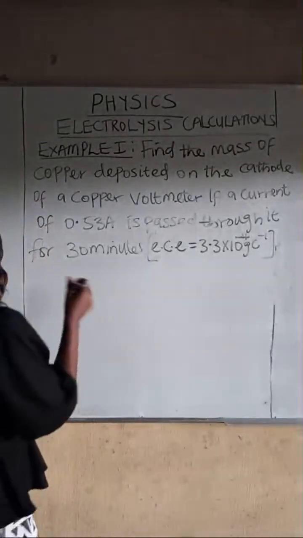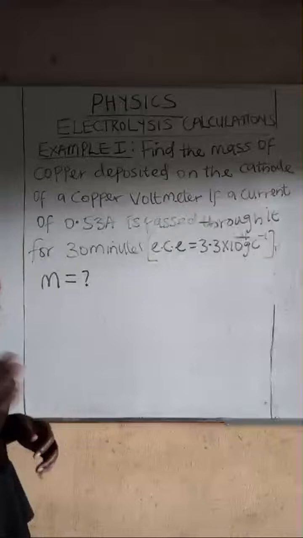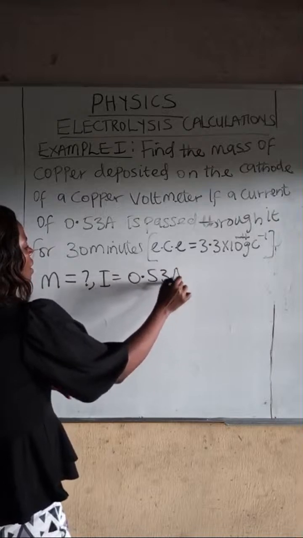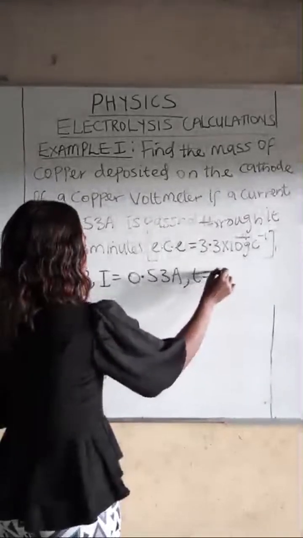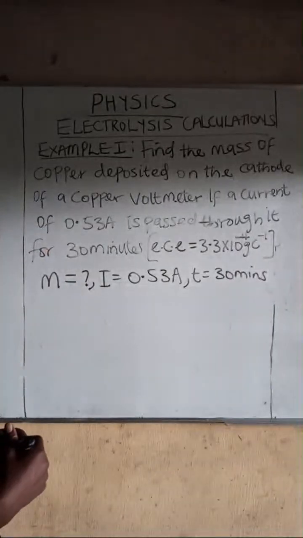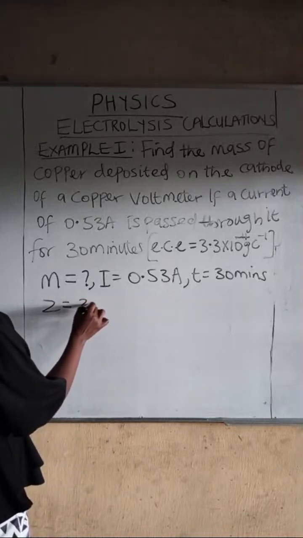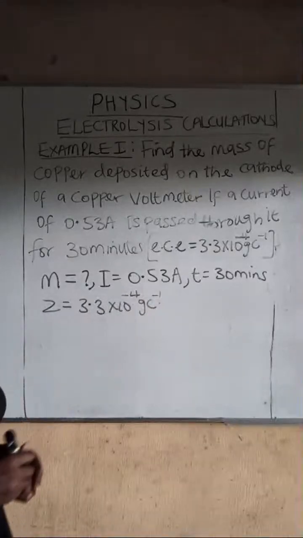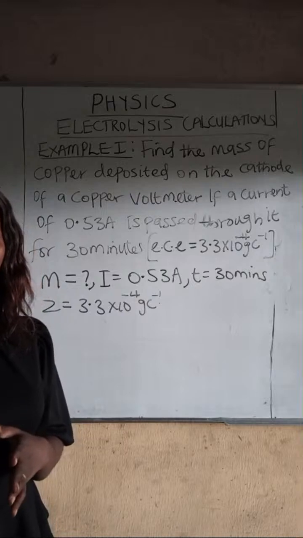The mass is what we are looking for. We are given a current of 0.53 amperes, and we are given the time, which is 30 minutes. The electrochemical equivalent Z is given as 3.3 times 10 to the power of minus 4.